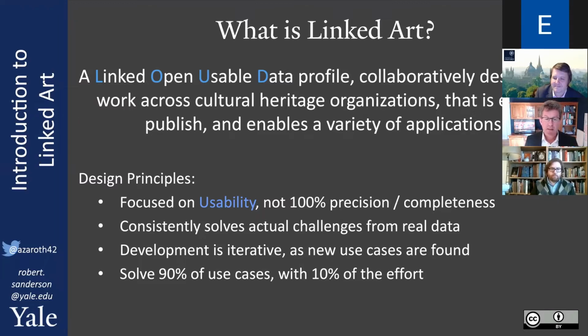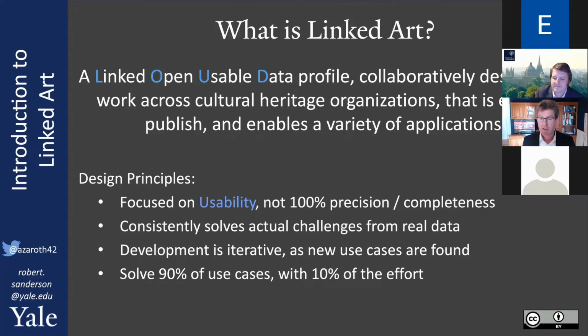That consistently solves actual challenges from real data. So this one's also important. The consistency means that once there is an implementation of something, we can use that same implementation across different organizations. And solving actual challenges rather than theoretical ones is important, because if it's just solving theoretical problems, well, that doesn't really help anyone.